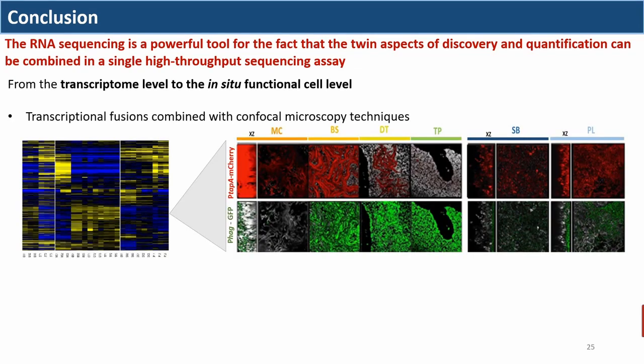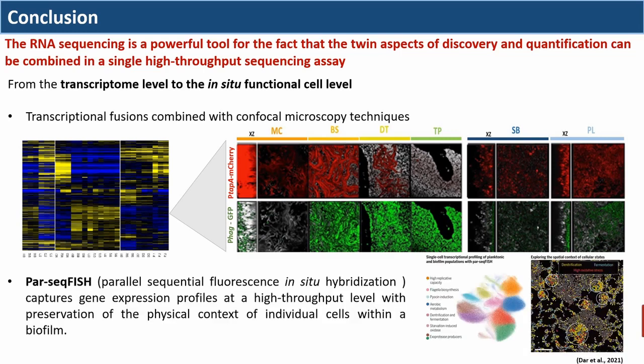However, to go from the transcriptome level to the in situ functional cell level, there are several techniques, and in our case we selected transcriptional fusions combined with confocal microscopy. There is also a very recent technique, PAR-seqFISH, which is used to capture gene expression profiles at a high-throughput level, with preservation of the physical context of individual cells within a biofilm.